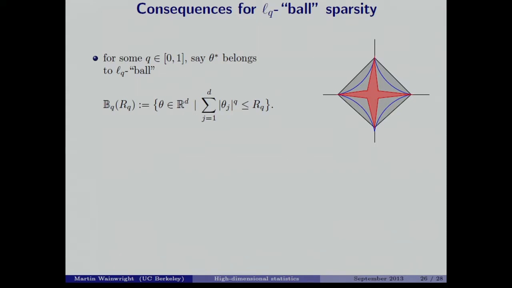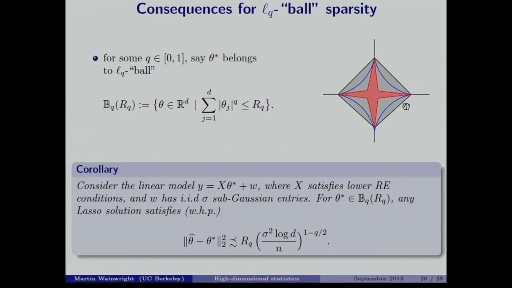Maybe more interesting is when you take Q between 0 and 1. If you take Q equals 0, anything raised to the 0 that's non-zero is 1. This is an L0 ball. It actually encodes hard sparsity. But for Q between 0 and 1, you get these kinds of balls that look like this. They're non-convex sets. And roughly as Q goes to 0, you get a stronger and stronger notion of sparsity.